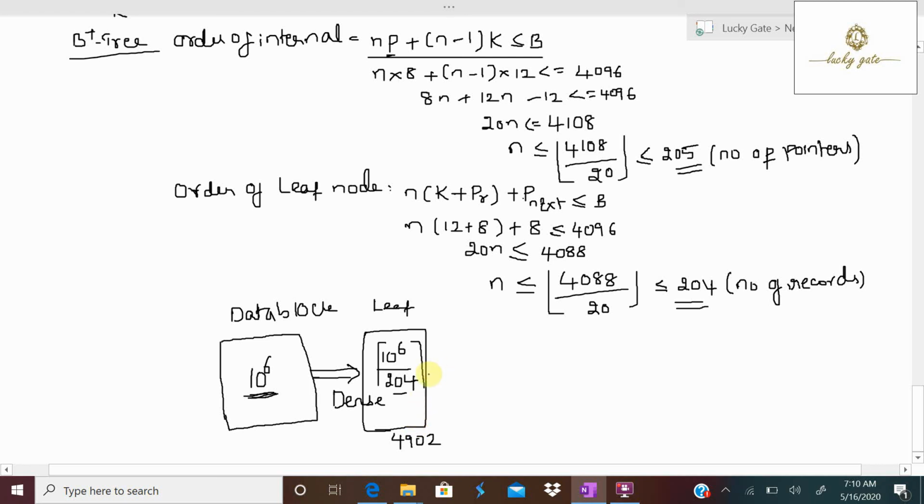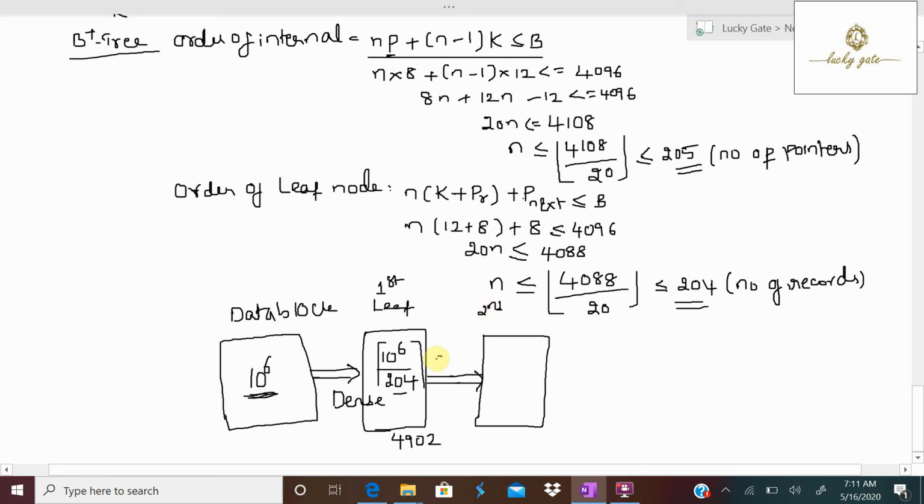Now over this, we have to create one more level of index, because B plus tree is a multi-level index. It requires creating an index over the index until it reaches one block in the top level. I can call this the first level index, and we call this the second level index.